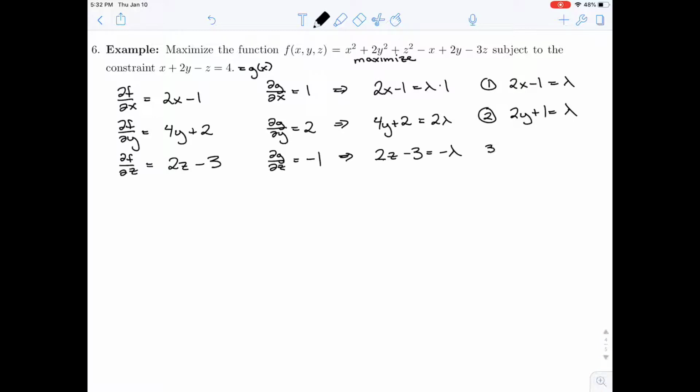And for our third equation, we will multiply by negative 1, so that negative 2z plus 3 is equal to lambda. And again, let's remember that our fourth equation is the constraint g of x, y, z.